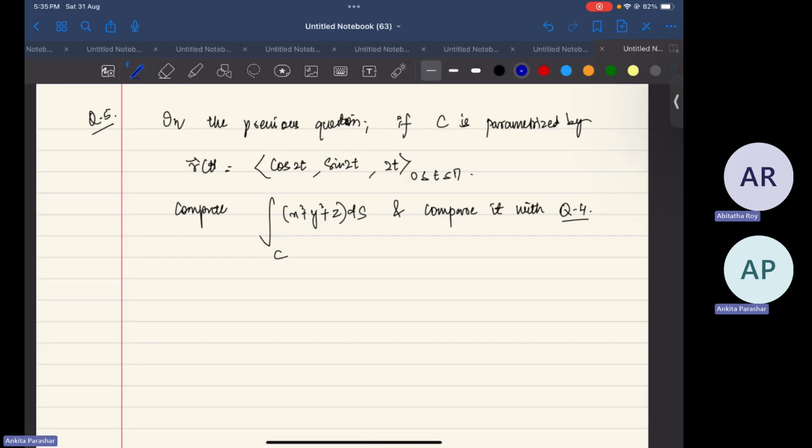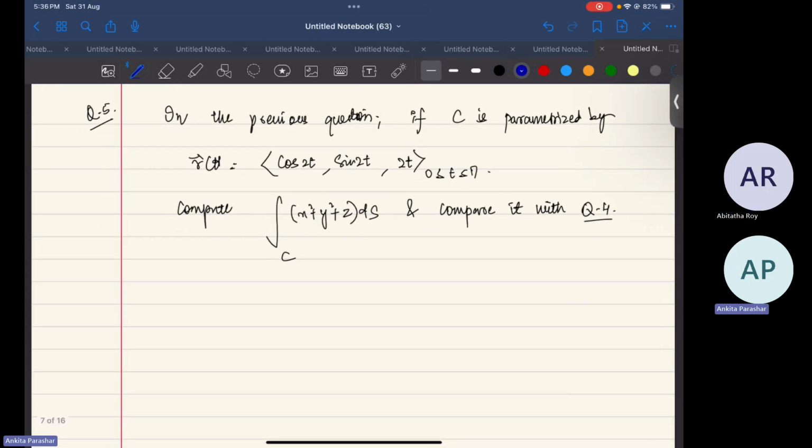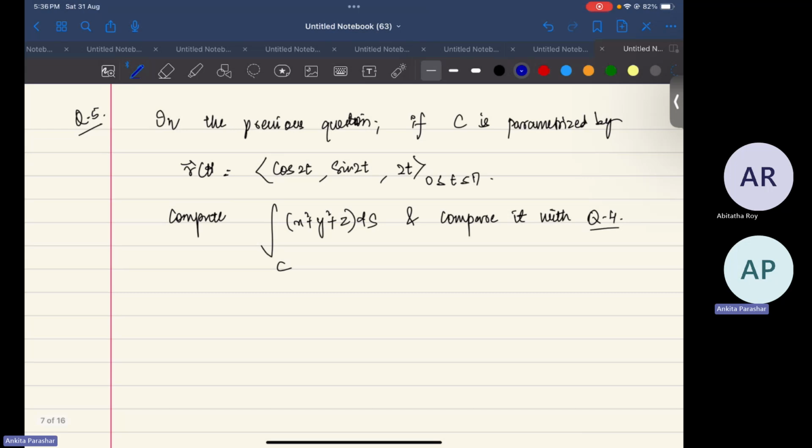Now here is another question. In the previous question, if C is parameterized by another curve, which has a parameterization different from what we had earlier, so I'm parameterizing the same curve but the parameterization is different now, then can we compute the same integral, and can we compare the answer with question number 4, and can we justify why they are the same or why they are different, or whatever the answer comes out?